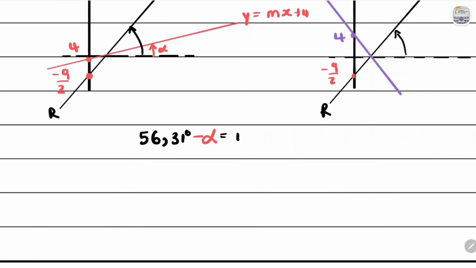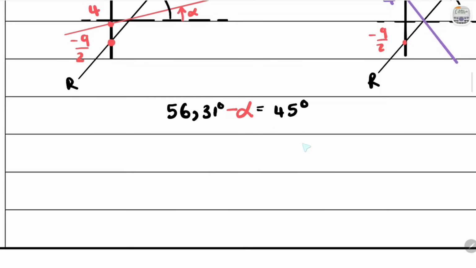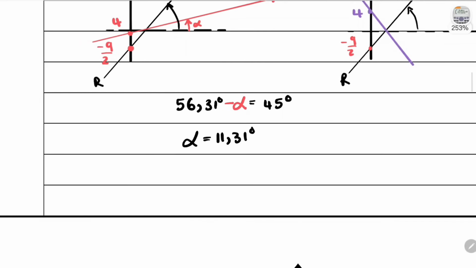This is what they told us: the difference between their angles of inclination is 45 degrees. So with this, we transpose alpha, so alpha equals 56.31 minus 45. So let's find out what that is. That would simply be 11.31 degrees. So this is what alpha could be.